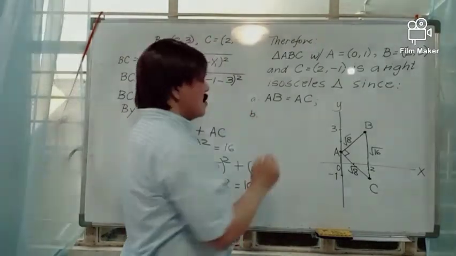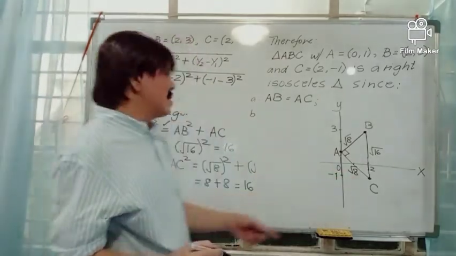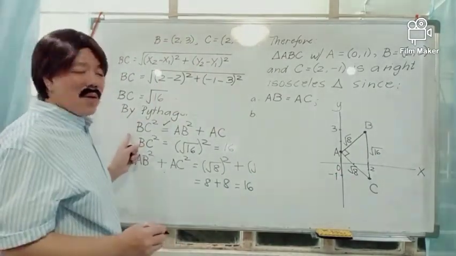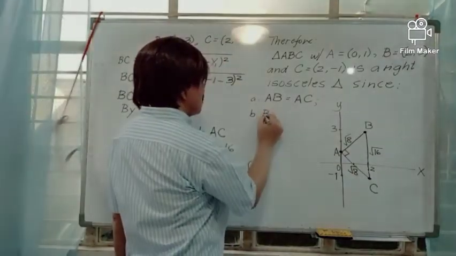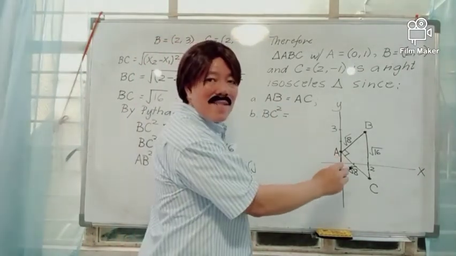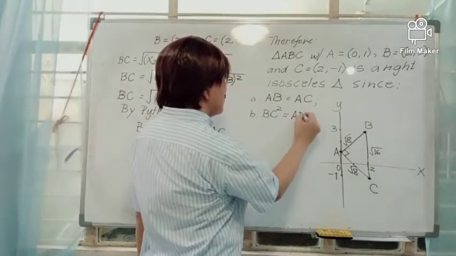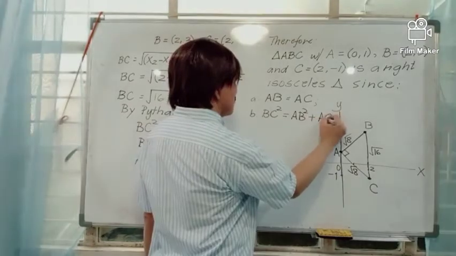And letter B, we have shown that this triangle is a right triangle because it satisfies the Pythagorean theorem. That is, the square of BC is equal to the sum of the squares of the two other sides, AB and AC.